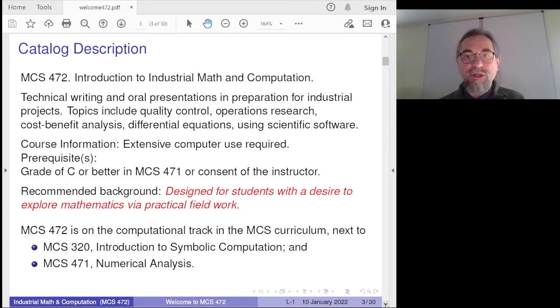The formal prerequisite is 471, numerical analysis. But what is written here in red is most important. It's most important that you as a student have some desire to solve practical, real-world problems, and using mathematics in doing so.